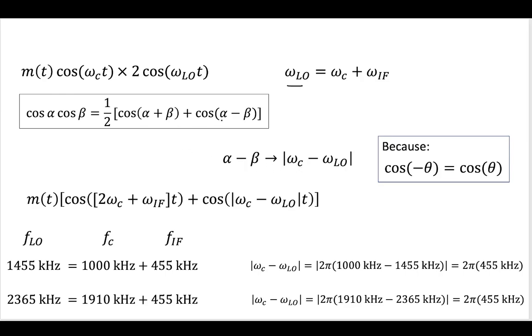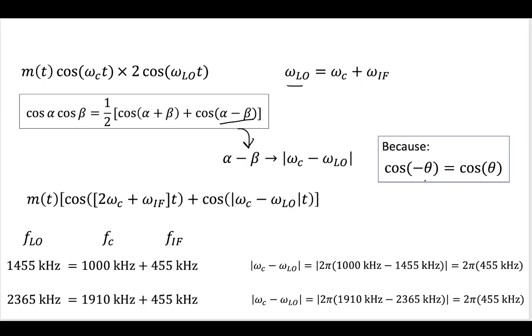So when we multiply these two together, and when we look at the mathematics behind this, we see that this term, alpha minus beta, is effectively an absolute value of omega c minus omega low.